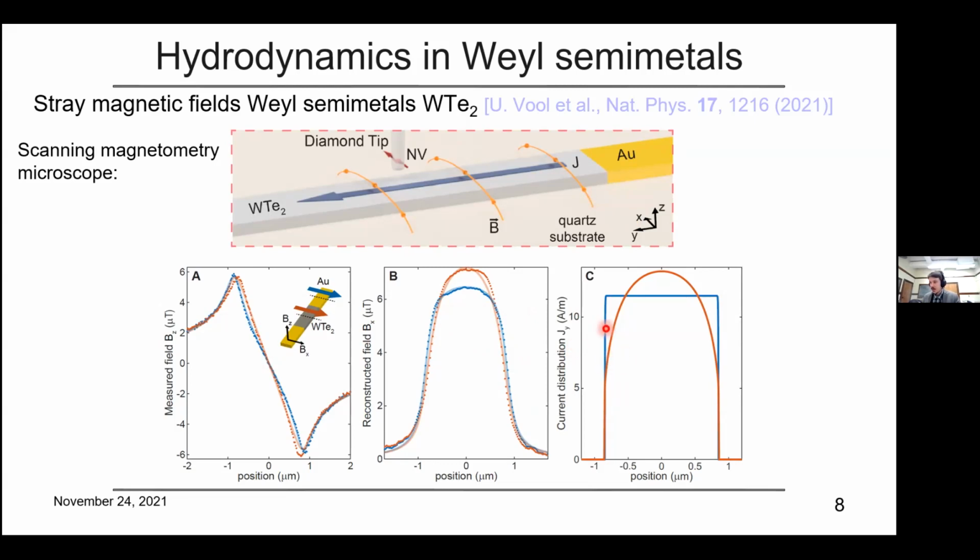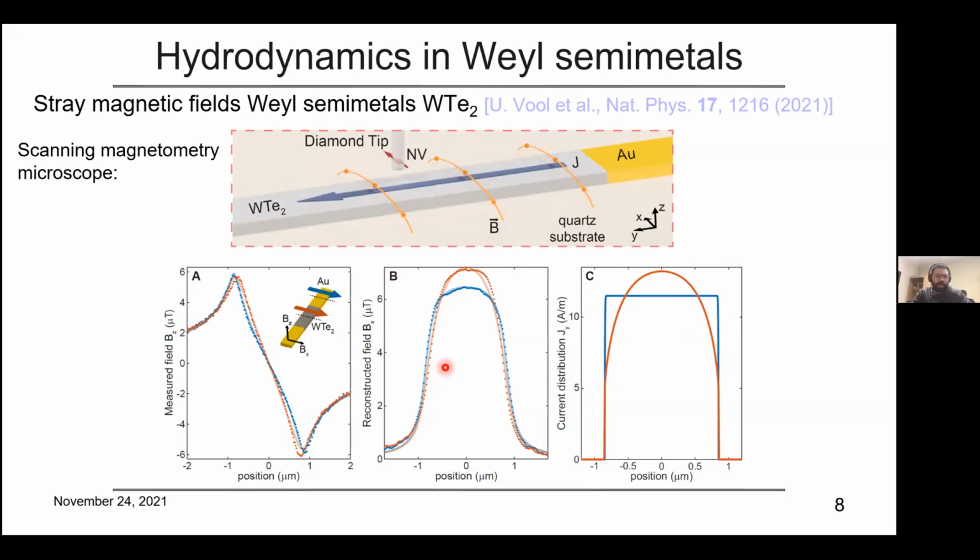They found that in the case of gold, the profile is simple, just a square shape profile, which we do expect for the ohmic regime. In the case of Weyl semimetal, we have a parabolic-like profile. And only in this case, we have a more or less good agreement between experimental data and numerical calculations. Therefore, the formation of the Poiseuille profile was also experimentally confirmed in Weyl semimetal.